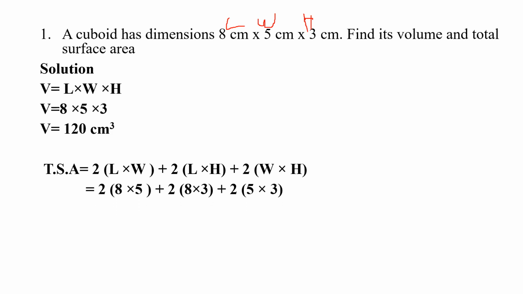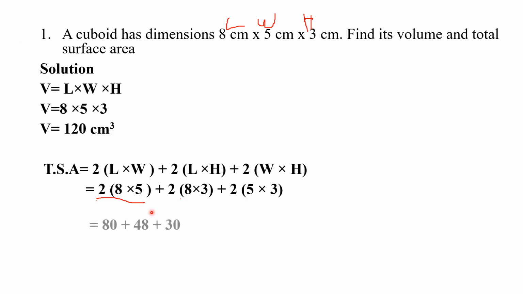So here, what is our length? It is 8. What is our width? It is 5. So I say 2 into 8 times 5, that is length and width. Then 2 into 8 times 3, length and height. Then lastly 2 into 5 times 3, that is width and height.